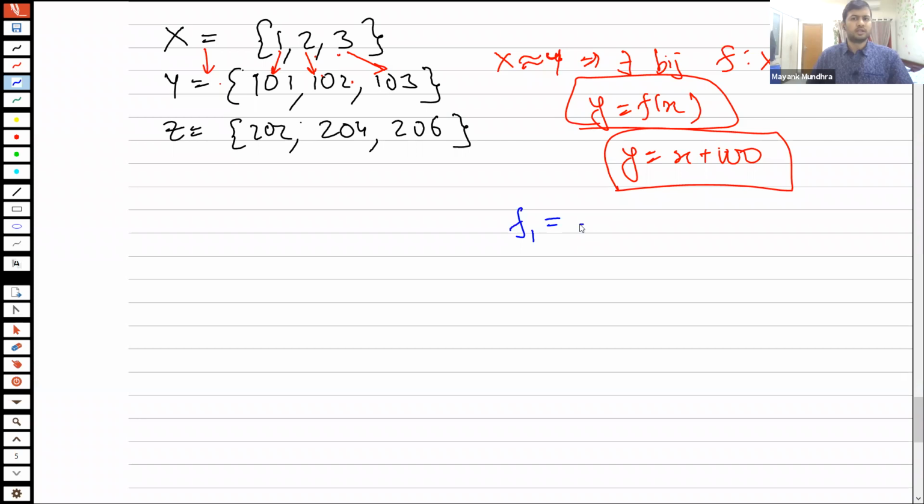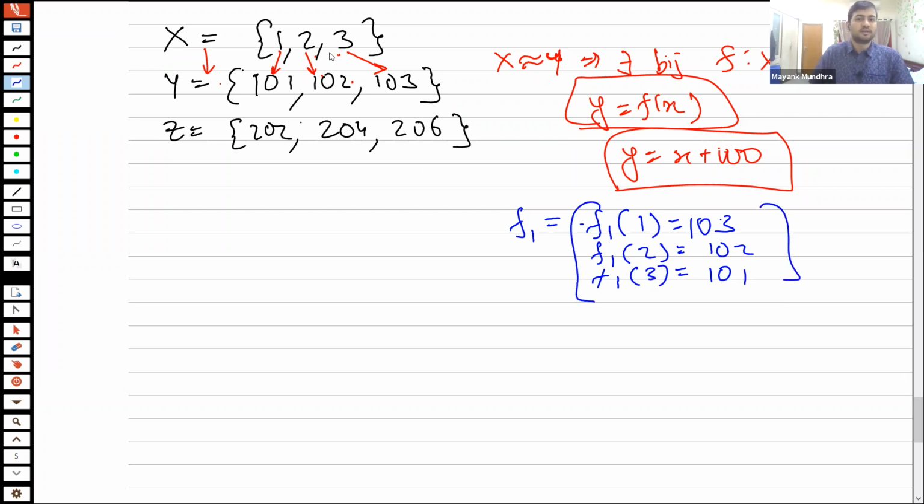It could just be this numbering: f1 of 1 is 103, f1 of 2 is 102, and f1 of 3 is 101. So it need not have a formula, but it is defined in this manner. So it's not necessary that there is only one bijection which takes you from X to Y.